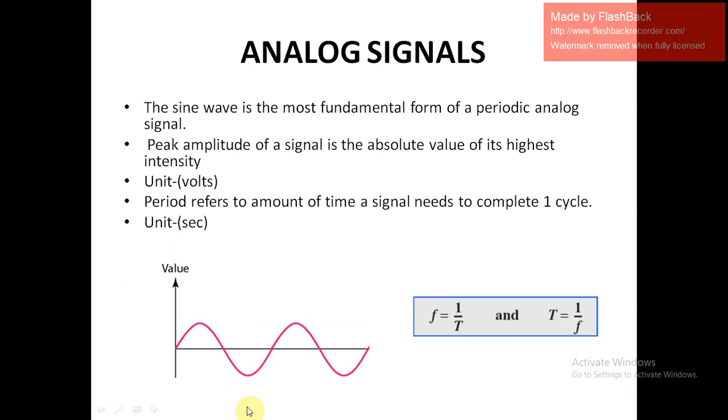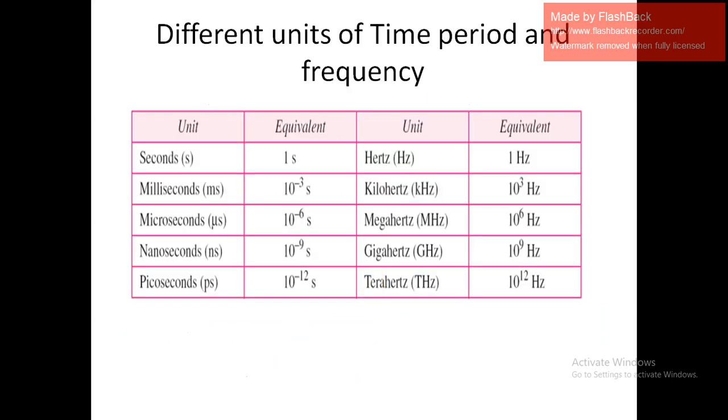So this is the relation between the frequency and time period, and we can face different problems out of this equation. This table shows the different units of time period and frequency: second, millisecond, microsecond, nanosecond are the different units of time, and hertz, kilohertz, megahertz, gigahertz, terahertz are the different units of frequency.